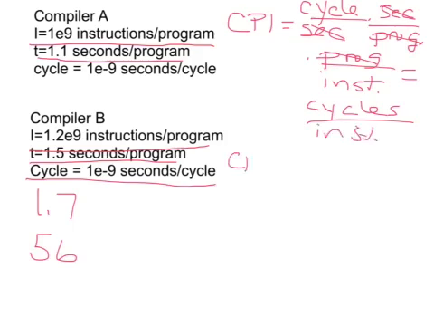So for A, this would be 1 divided by 1 times 10 to the minus 9, times 1.1, times the inverse of the instruction count, 1 divided by 1 times 10 to the 9th. And that equals 1.1.